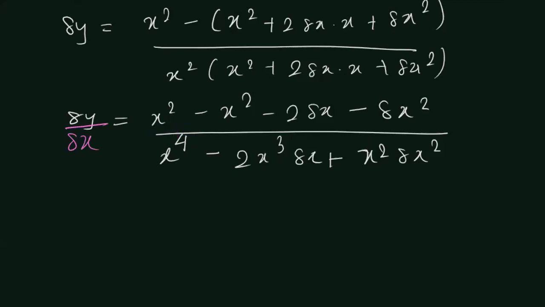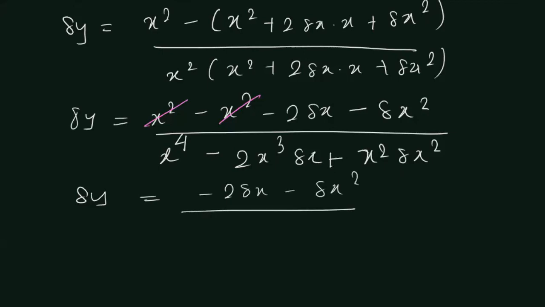First of all, let's cancel these. Let's write another step, delta y. So yes, delta y is equal to minus 2x delta x minus delta x squared over x to the power 4 plus 2x cubed delta x plus x squared delta x squared.